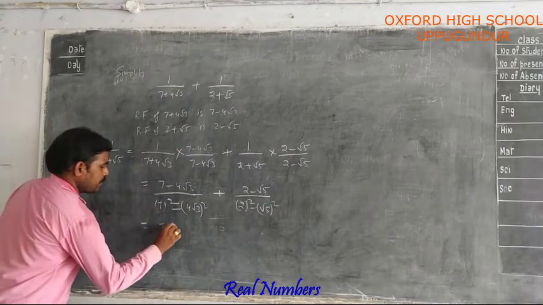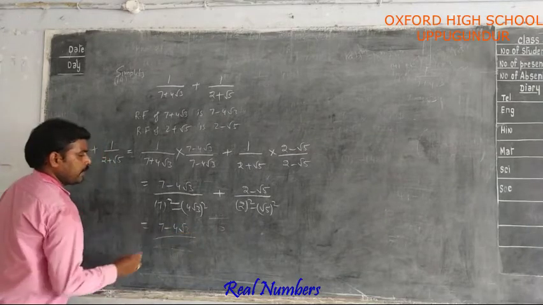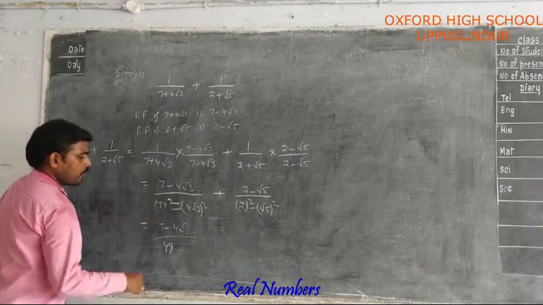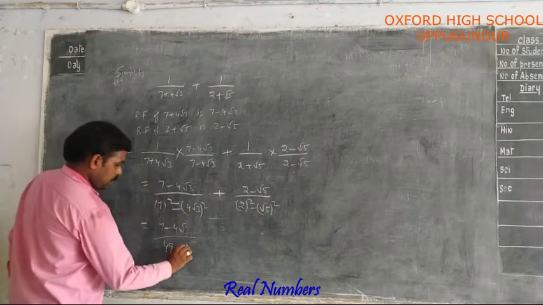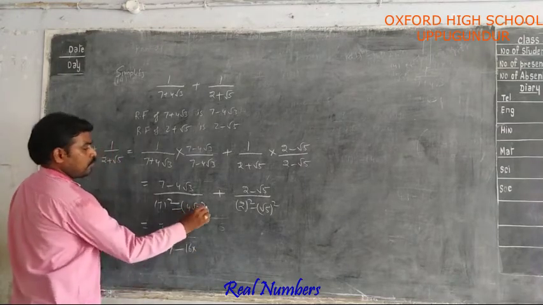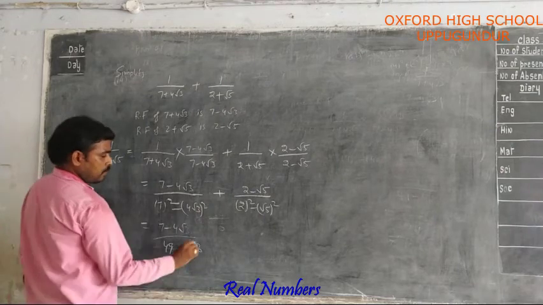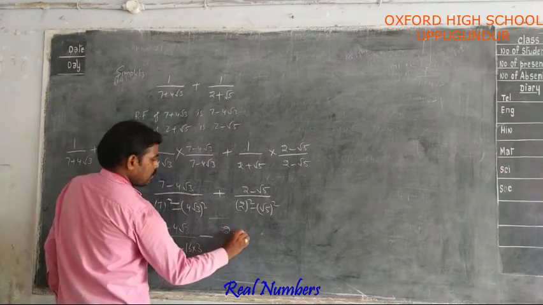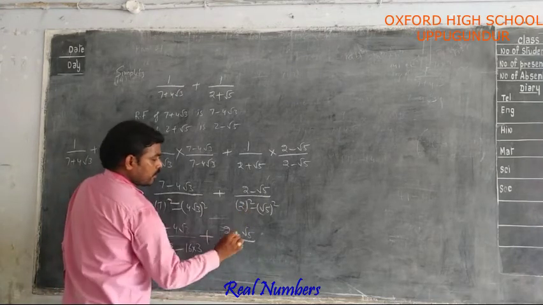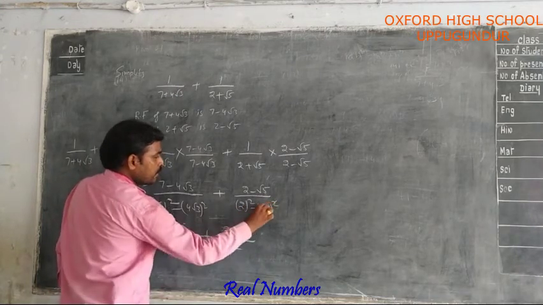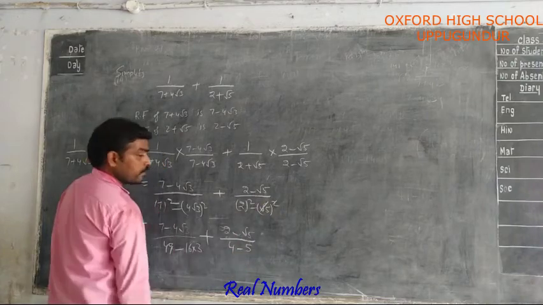So the numerator as it is, 7 minus 4 root 3 by 7 square is 49 minus 4 square 16 into root 3 whole square 3, plus 2 minus root 5 by 2 square 4 minus, square and root cancel, 4 minus 5.